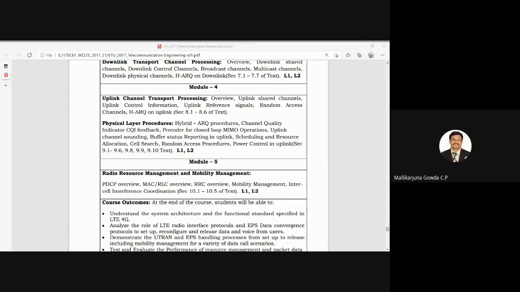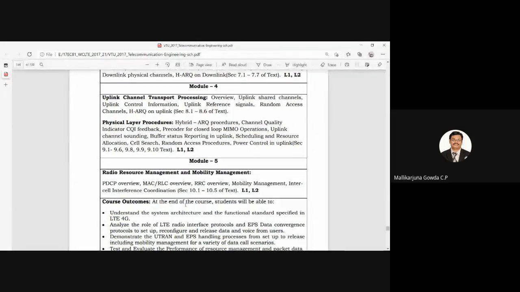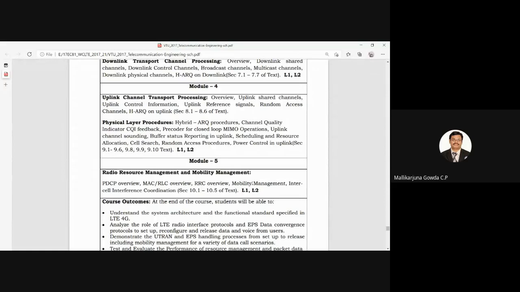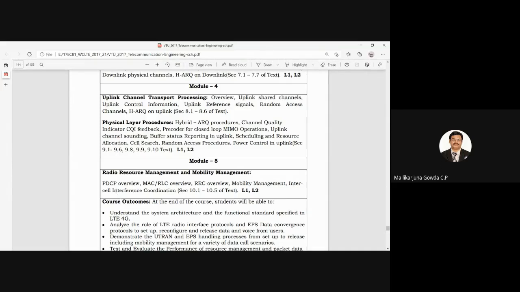Yes. Similar to that, LTE is also based on that format. So we say it is PDCP, which we will be discussing. Then MAC and RLC. I hope you are aware of this MAC.